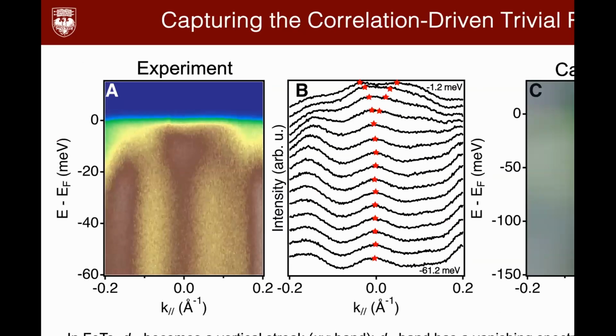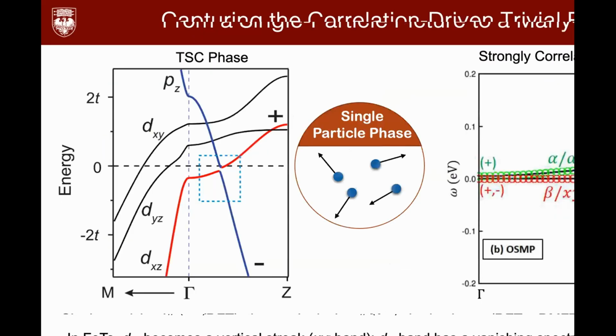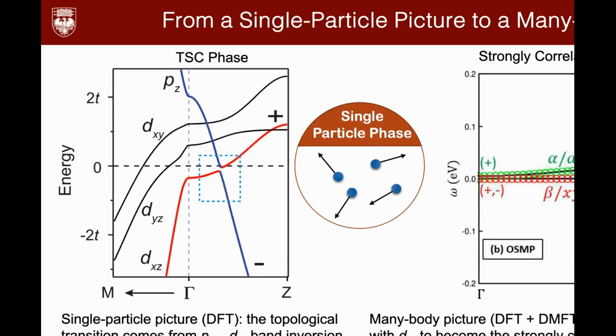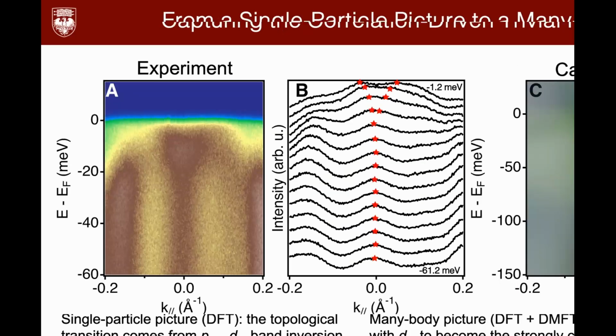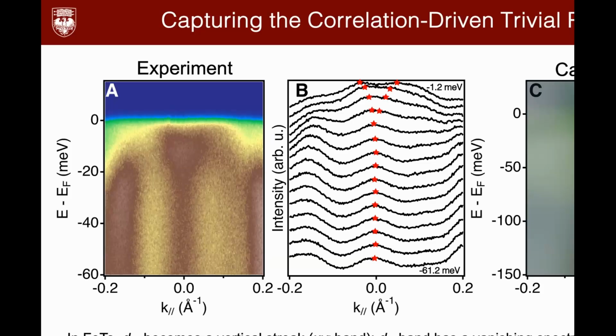As you systematically increase the strong correlation effect in this pz band, it should become strongly correlated, which corresponds to a band that is diffuse. And this is a self-energy effect, right? Because it becomes strongly correlated.